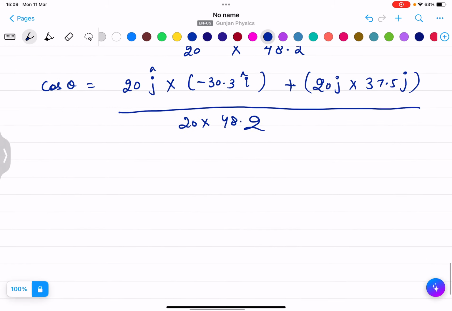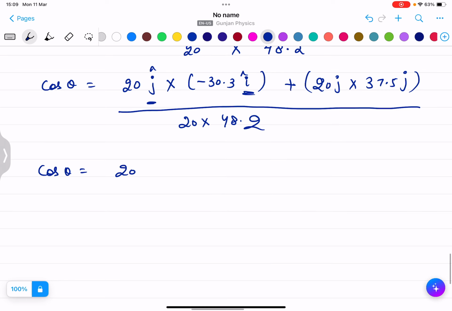This term will be 0 because I am multiplying i and j, and j into j equals 1. So on top it will be 20 into 37.5, and at the bottom 20 into 48.2.